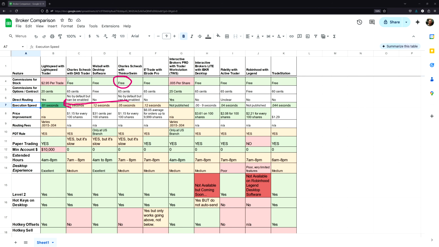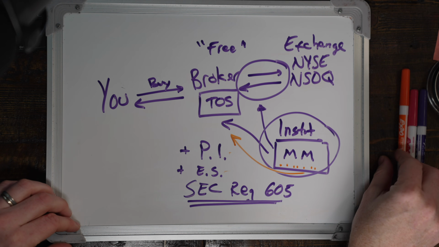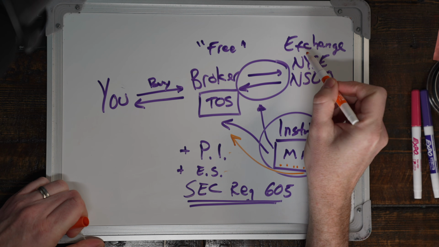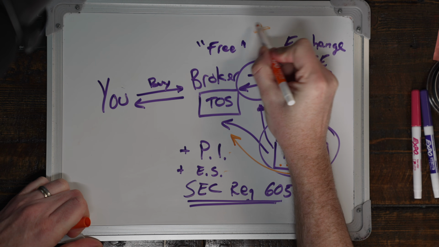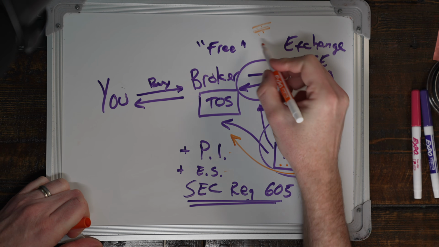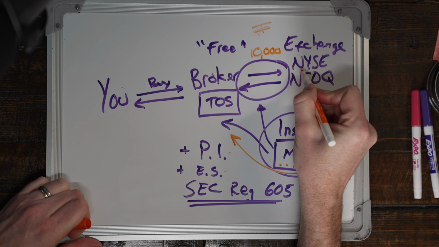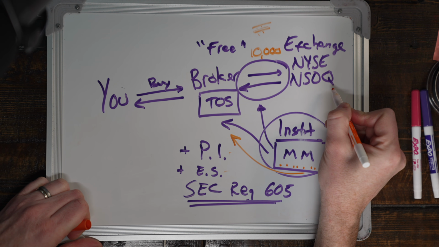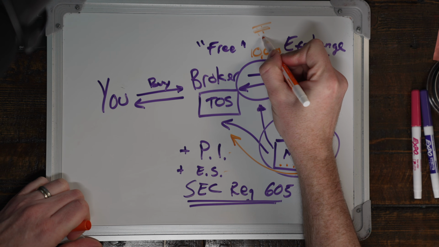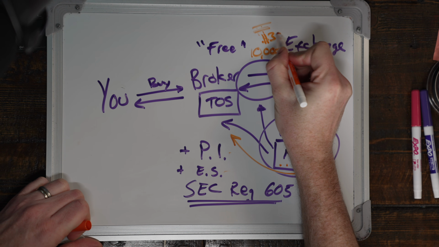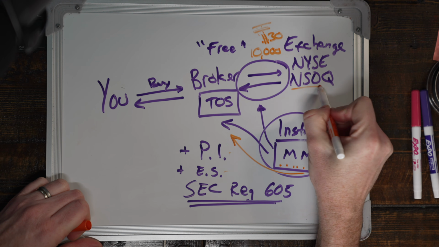Over at Lightspeed, I'm paying $2 per trade, and then I also pay routing fees. The way the routing fees work is when you route your order to the exchange, they charge based on the number of shares that you send. So if you do 10,000 shares to NASDAQ and you're taking liquidity from the market, on that order you're going to pay a $30 routing fee directly to NASDAQ.